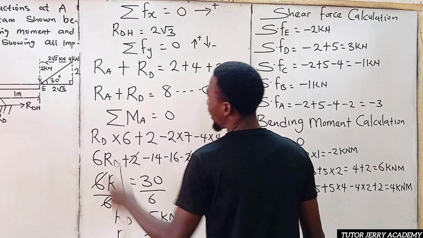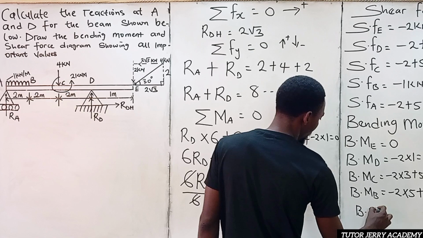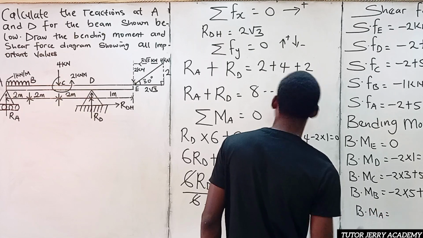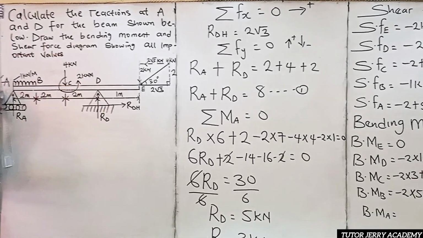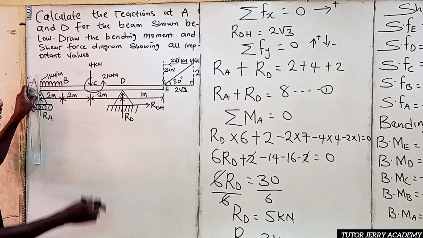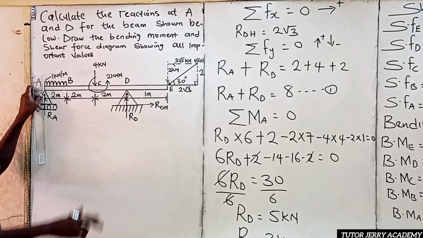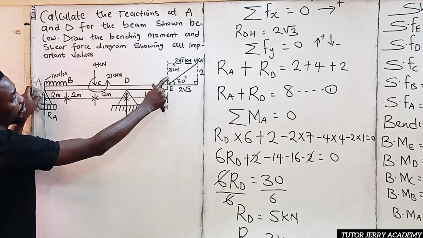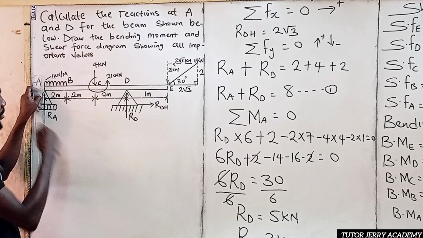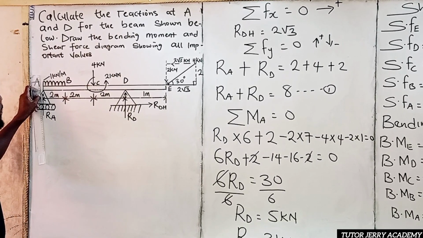So the bending moment at point A is going to be what? 0. The bending moment at point A. All right. If you do this, I think this is supposed to give us 0. That is, if you take your 2 times the total distance, you are going to have minus 2 times 7.